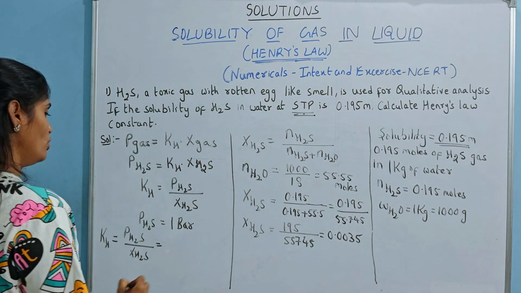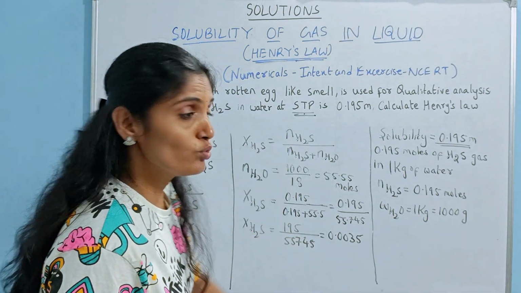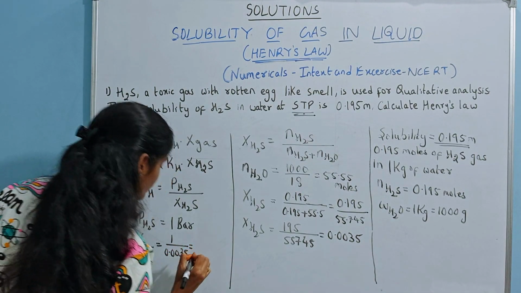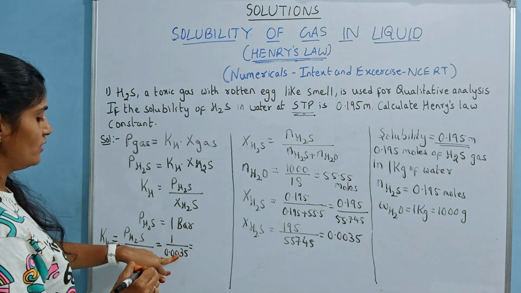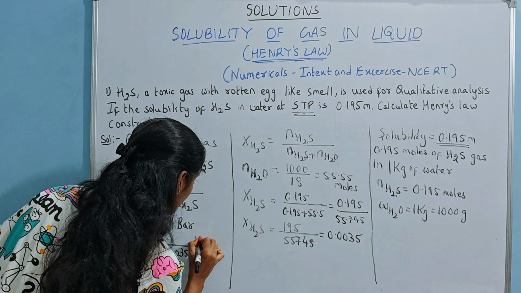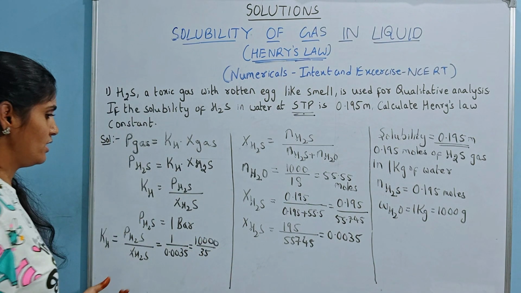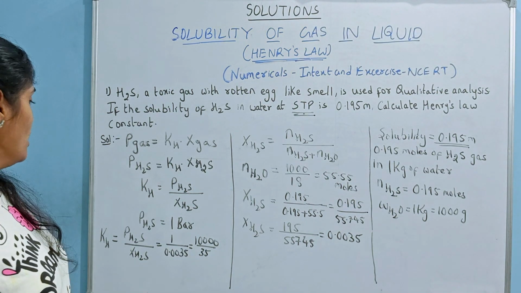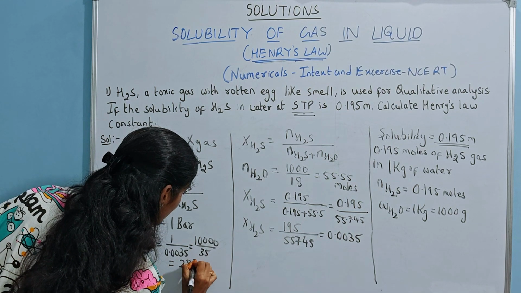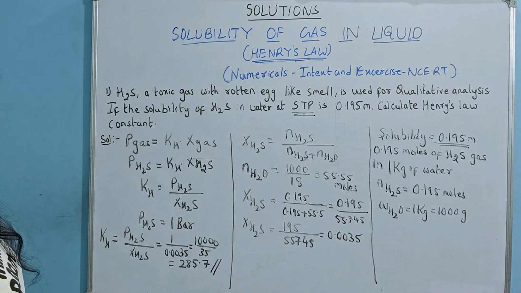Pressure is 1 bar divided by 0.0035, which is 10,000 divided by 35. If you calculate this, you get approximately 285.7. That will be your answer.